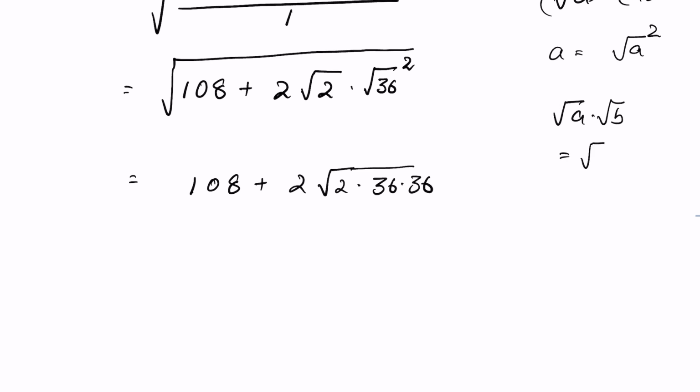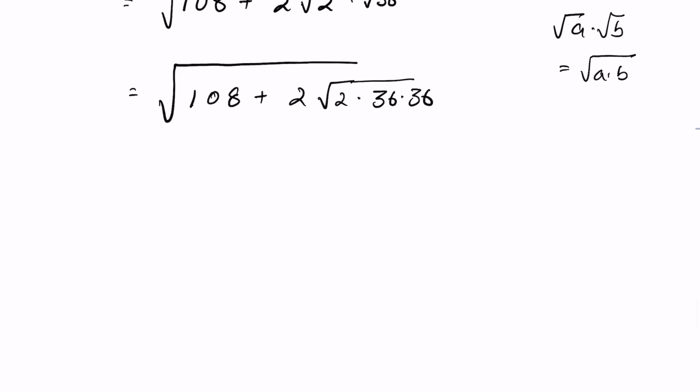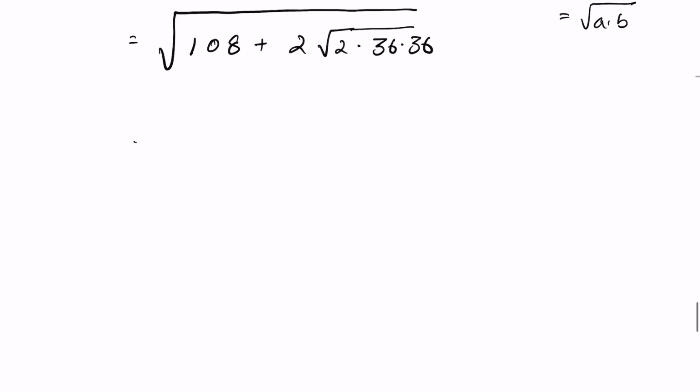can be written as a times b under square root, then all under square root, or 108 plus 2 times, this we can write square root of 72 times square root of 36 under square root.